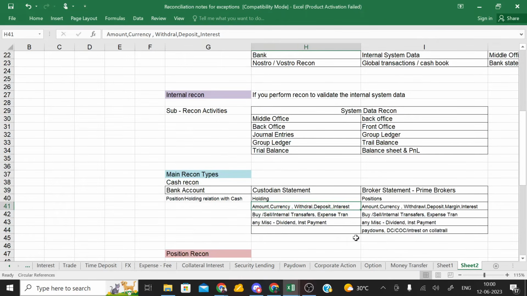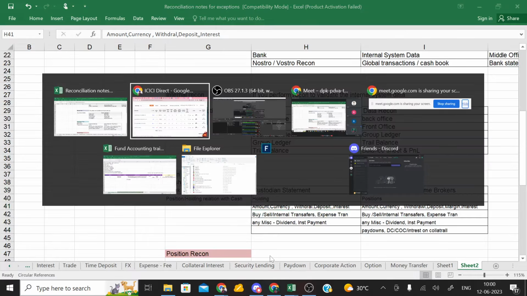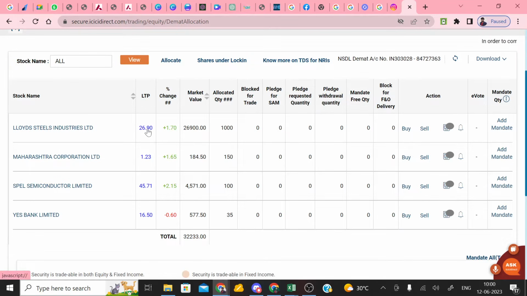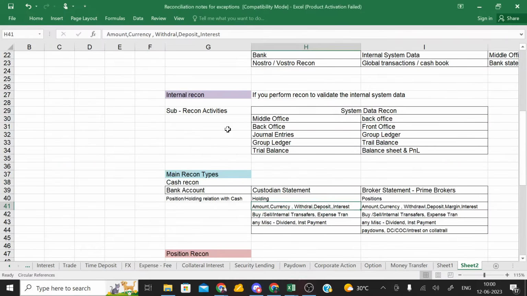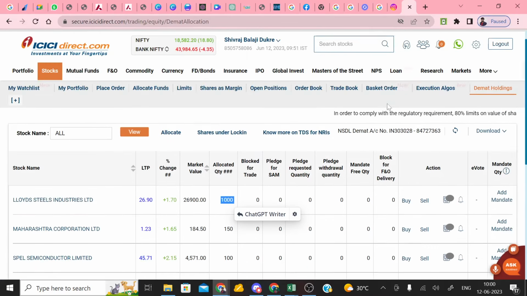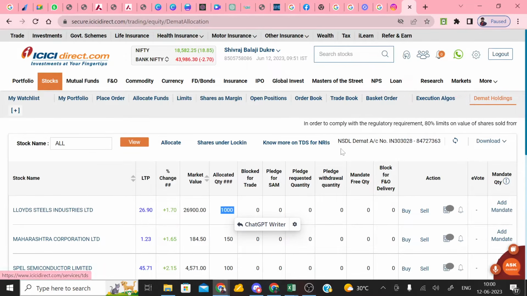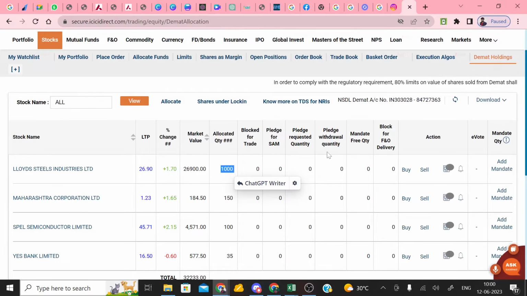If you don't know the different types of reconciliation, let's say there is a discrepancy in your system data, you are seeing a different quantity. Let's say the number of quantities here, if you see 1000 quantities that I have. I'm seeing 1000 quantities on the demat account, or let's say your custodian account.